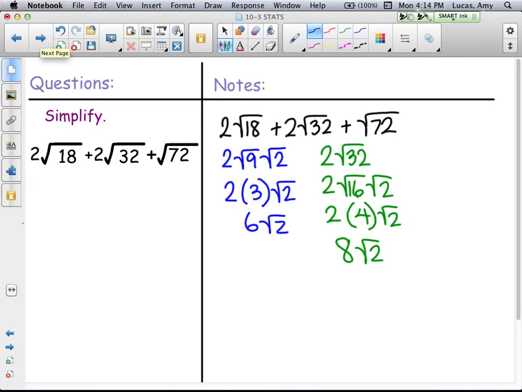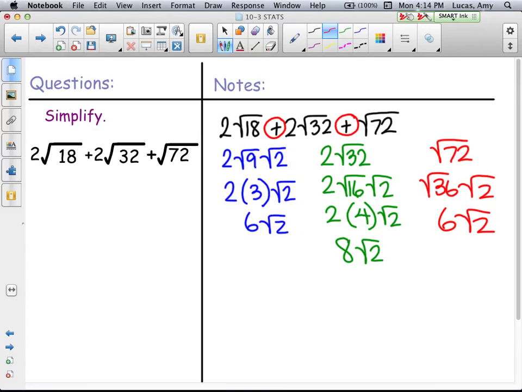And then the last one, 72, we've seen before, is 36 times 2. So 6 times the square root of 2. So we are adding together because we have addition in between these. So we are adding these all together. So 6 plus 8 is 14, plus 6 is 20. So 20 times the square root of 2.